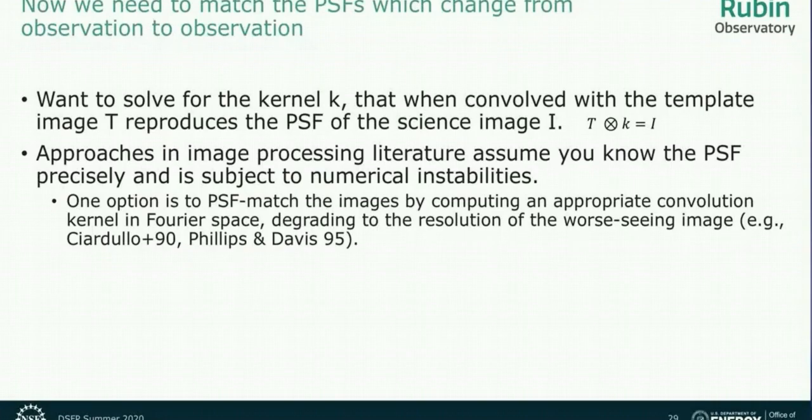What this problem comes down to is we want to find the kernel that we need to convolve the template with in order to reproduce the PSF of the science image. That is, we want to convolve the template and have the output convolved template have the exact same PSF as the science image, so that when we subtract them, the stars subtract cleanly.